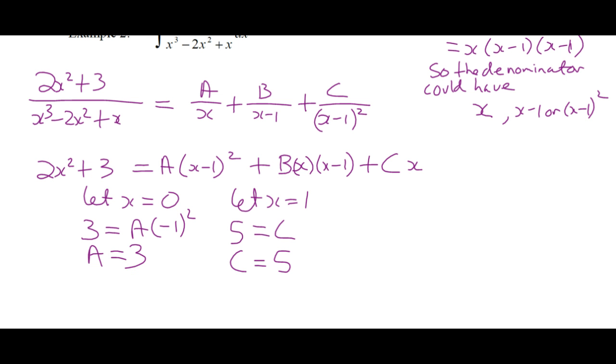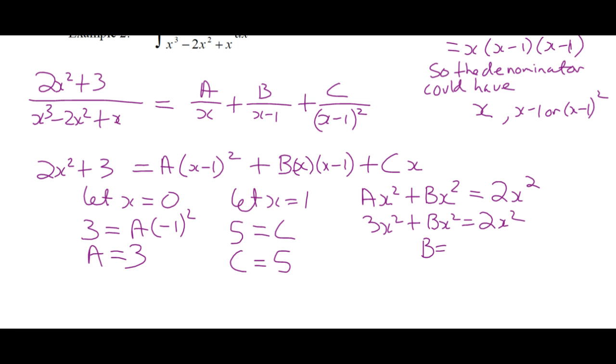We're going to end up with an Ax squared plus Bx squared. Right? So here, A times x squared, but where does the x squared term come from? Ax squared plus Bx squared, and what's that got to be equal to? That's got to be equal to 2x squared, right? Because that's where our x squared term comes from, isn't it? But we know A, right? So we've got 3x squared plus Bx squared is equal to 2x squared, so what's B? No, let's just subtract.